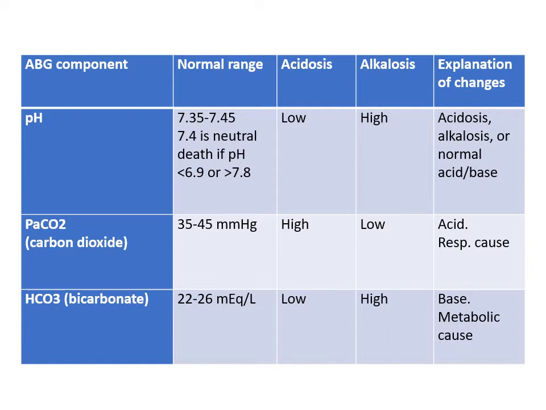If it's too high, it's telling you that you're probably alkalotic because you have too much bicarbonate. So the acids, the H plus, haven't been consuming it at all. Okay, so we look at bicarbonate levels more so in a metabolic acidosis or alkalosis. We look at CO2, trying to determine if someone has a respiratory acidosis or alkalosis.